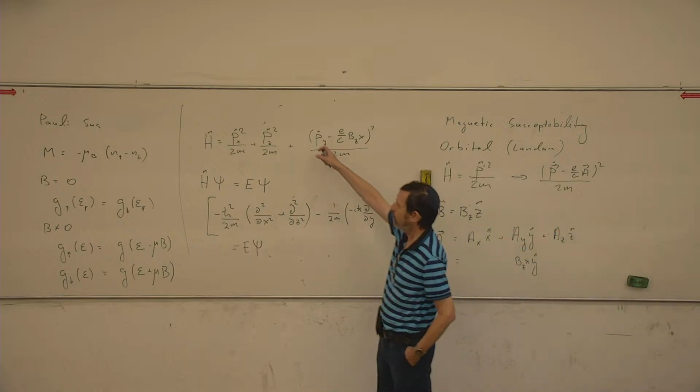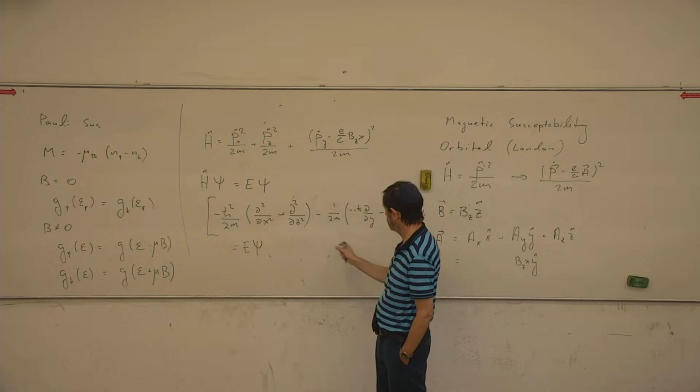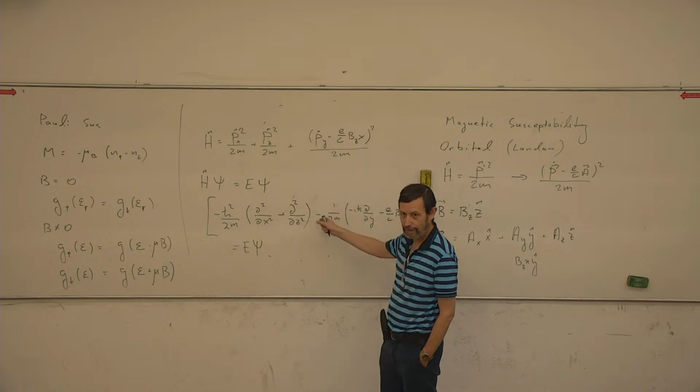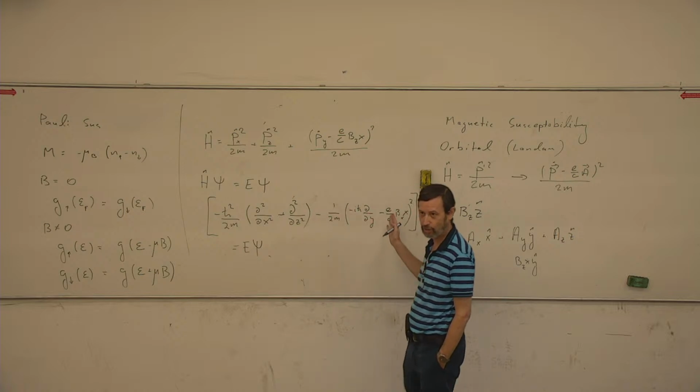P is minus i h bar d/dy. You'll see in a minute why I separated the minuses, but that's not important.